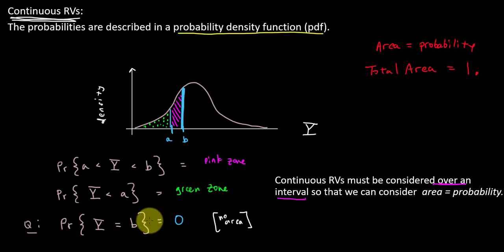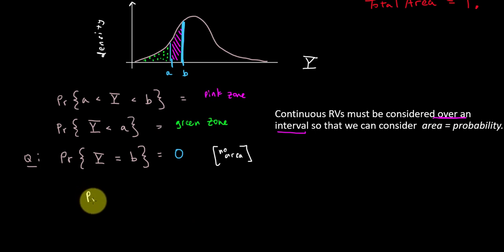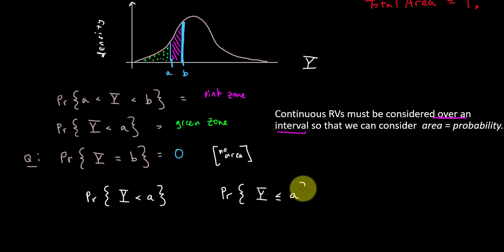This brings up another point, that in a continuous world, the probability, I need some spice, the probability that, say, your variable is less than A, okay, so that's going to be over an interval, and the probability that your variable is less than or equal to A, the only difference here is this less than or equal to portion.